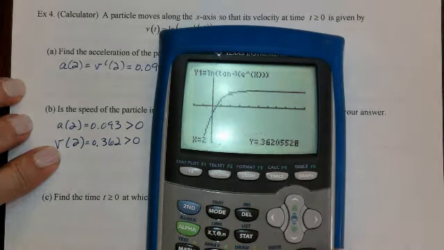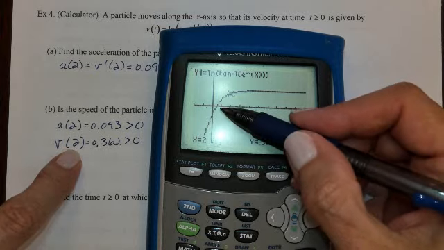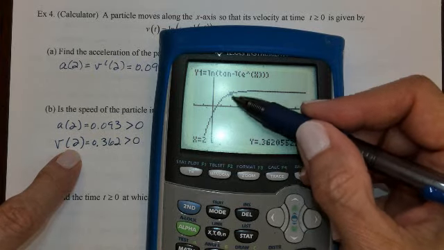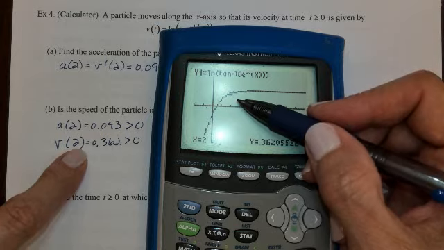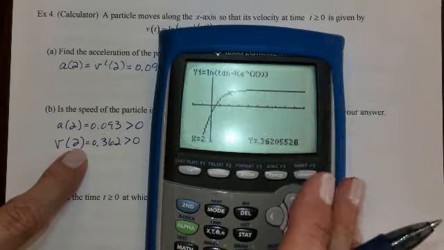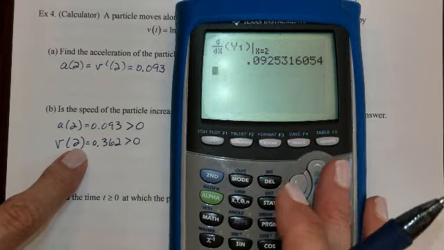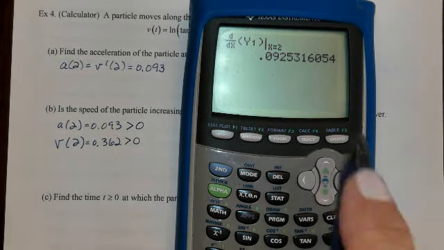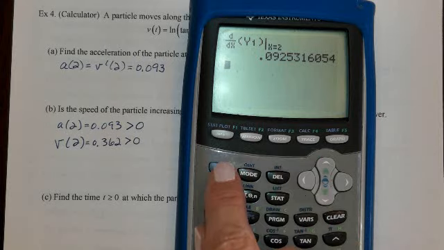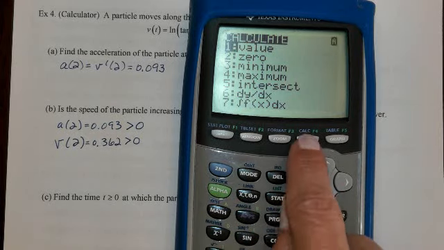The other way we could find out what the sign of V at time 2 is is to look at the graph, and it's right there, above the x-axis. If it's above the x-axis, then it's positive, right? The other way, if you don't want to look at your graph, is to go to your home screen again. To find the value of V at 2, pull up y1 again, with second F4.